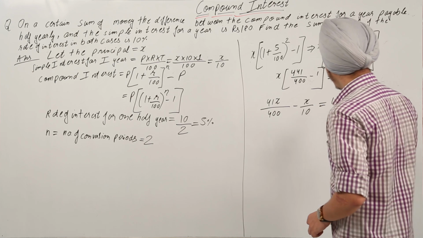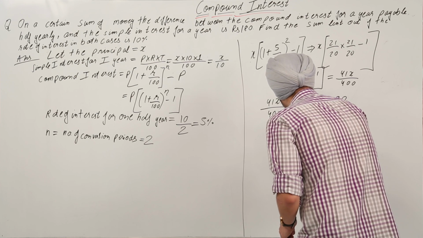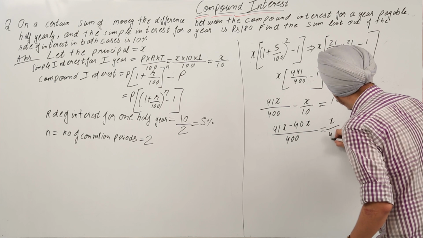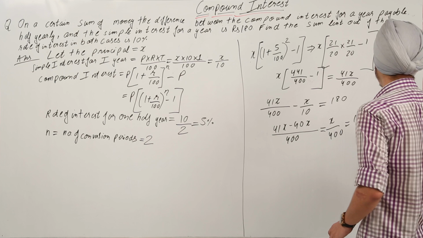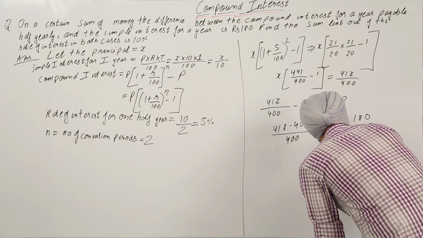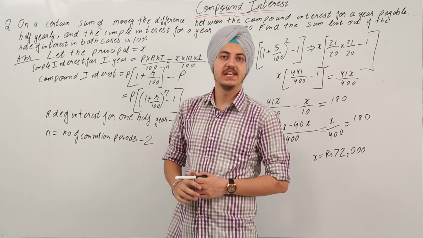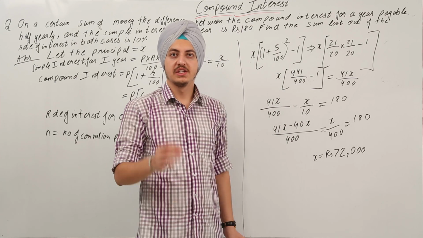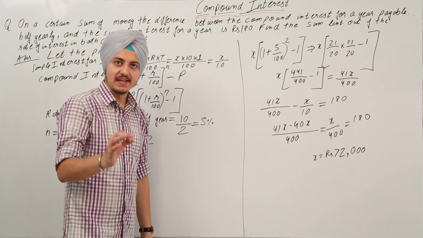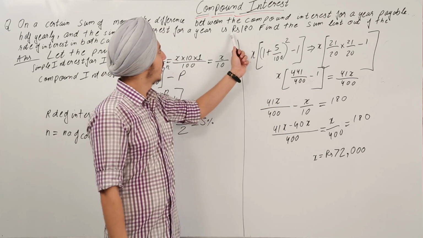So from here we get (41x minus 40x) upon 400, that is x upon 400, is equal to 180, and from here we get x equal to rupees 72,000. So if the sum is equal to 72,000 rupees, the difference between the compound interest compounded half yearly and the simple interest taken at a rate of 10% is equal to rupees 180.